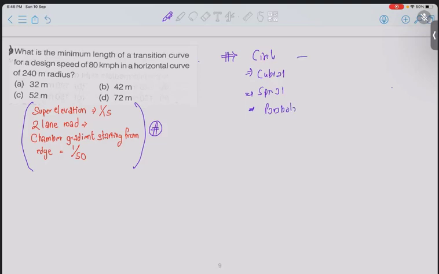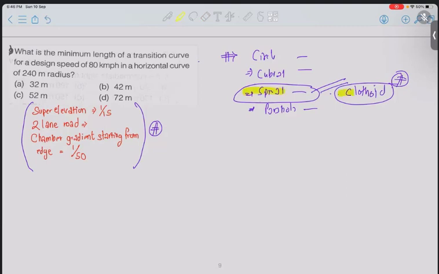A, B, C, D. What is the answer? Spiral. Correct, Pallavi has given the answer. And if instead of spiral you get something like clothoid, that means the same and also is the correct answer.